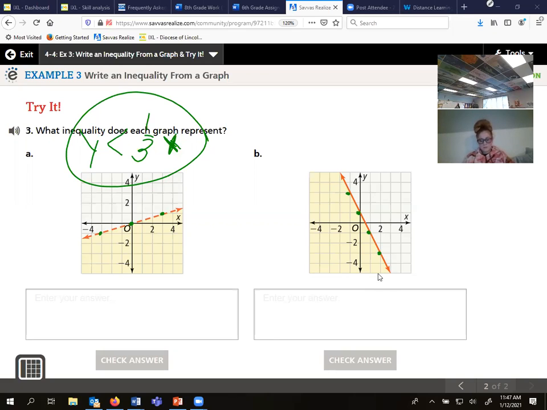Okay, remember to start with that Y equals MX plus B and substitute stuff. Is this slope going to be positive or negative?